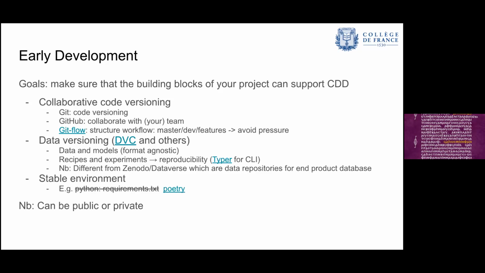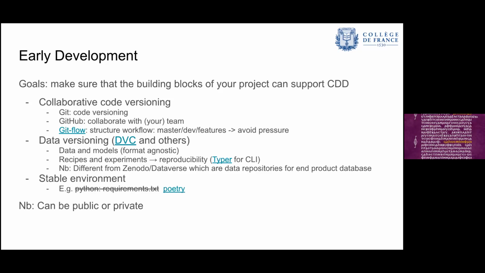This is very practical. Gitflow is just a wrapper around Git, but it will help you structure your workflow, and in particular, it will help you distinguish between the master branch, which is what most people look at when they arrive on a GitHub repo, then a development branch, and then feature branches, which are on the development branch.